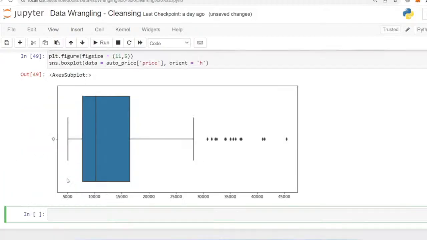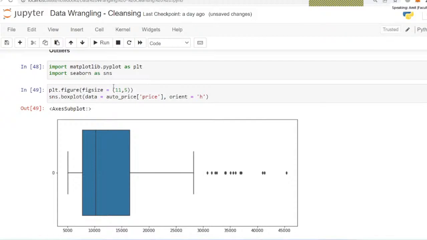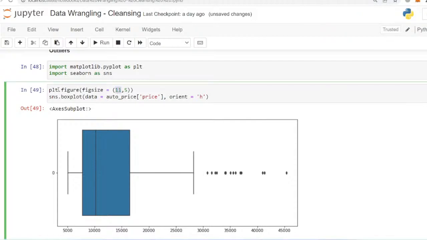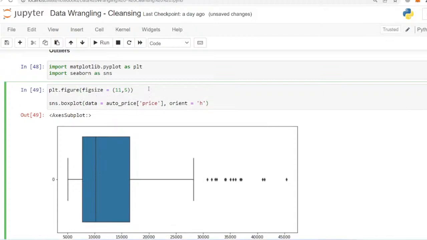So we have taken a figure size, which is your width and height. Remember that these will be explained again. The best way to create a box plot is using the Seaborn library, sns. It has a boxplot function, and we can pass data equals auto and the price column name. I have written orient equals h, which makes the plot horizontal.